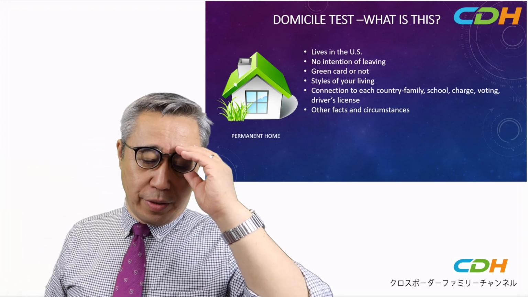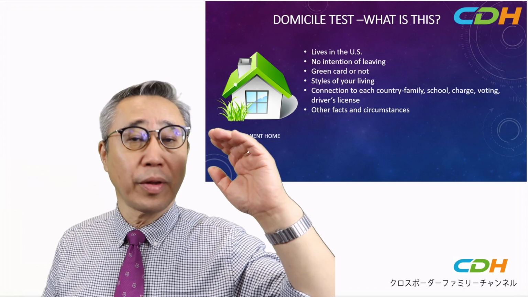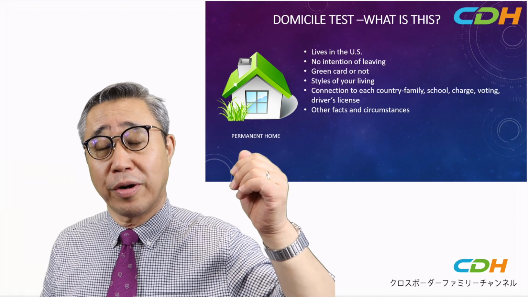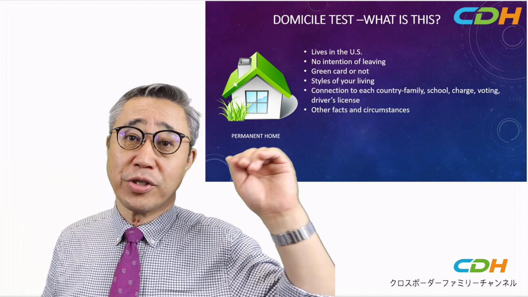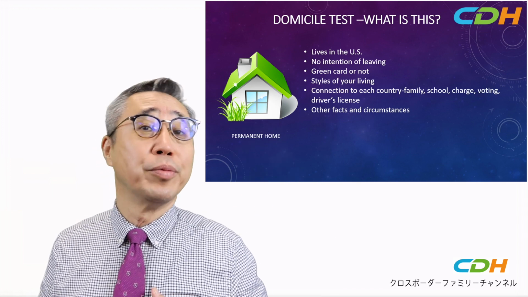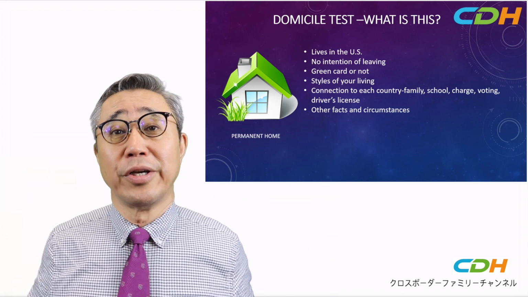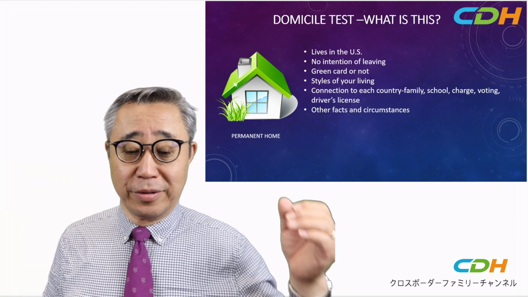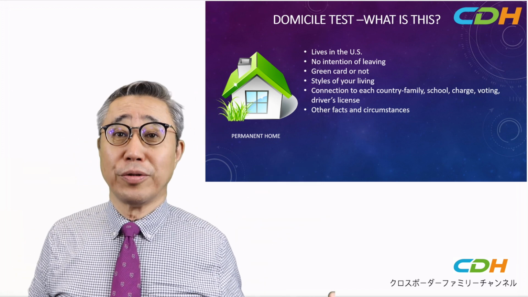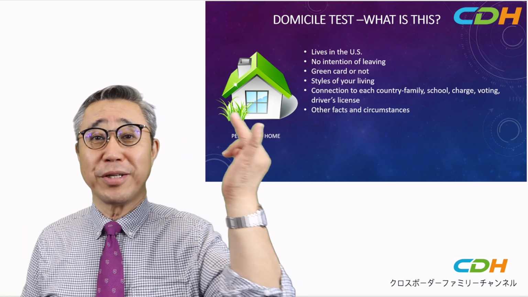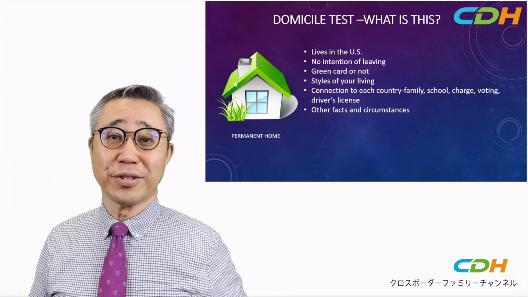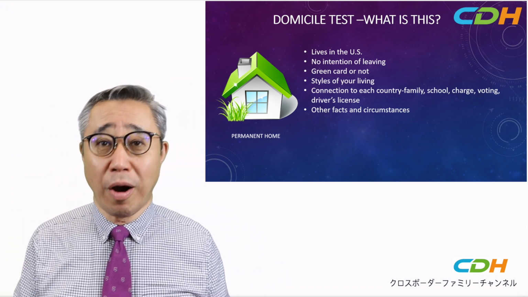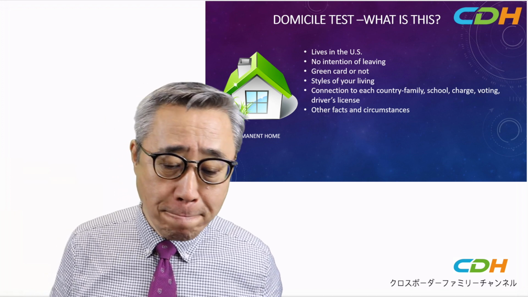But if you already go back to your home country, you still have a green card, but you don't have any intention of coming back to the United States, and you moved everything to your country. You have nothing in the US, and you attend school, you vote, you have a driver's license in those countries, you don't have any US phones, no US accounts, nothing in the US. I think it's hard to argue that you are US domicile. Okay?